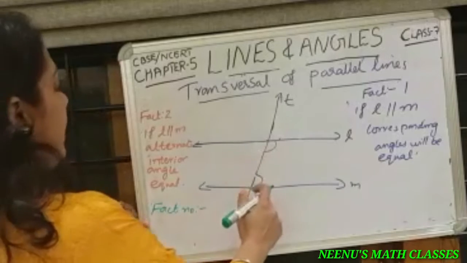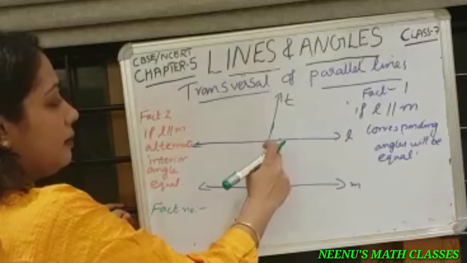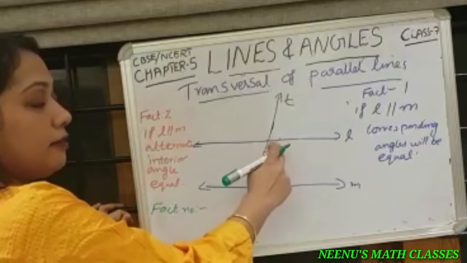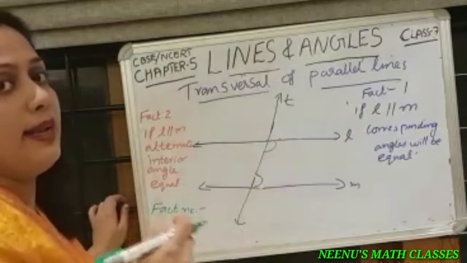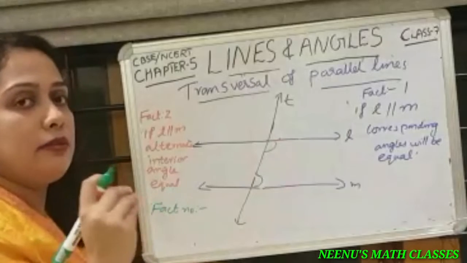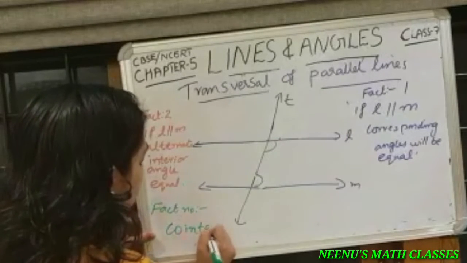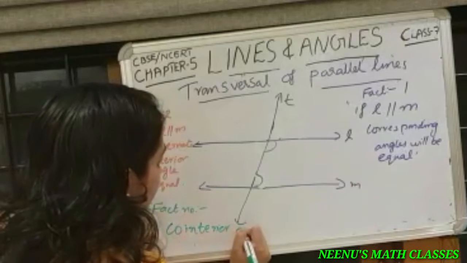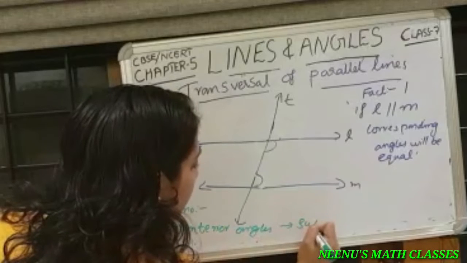Similarly, we can say that the pair of co-interior angles, the interior angles on the same side of the transversal, should add up to 180. That is, co-interior angles should be supplementary.